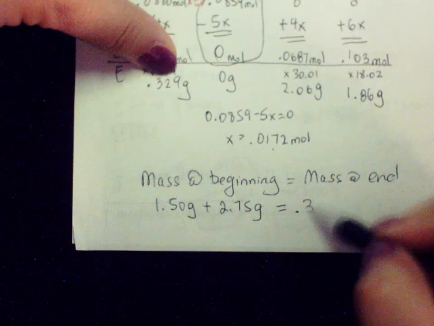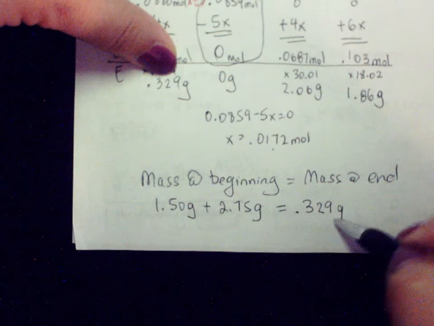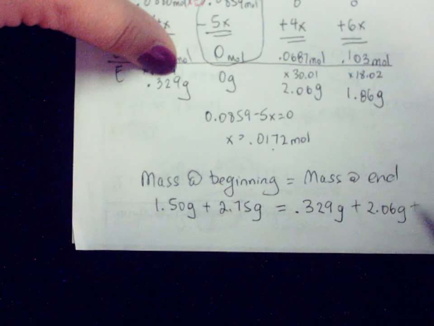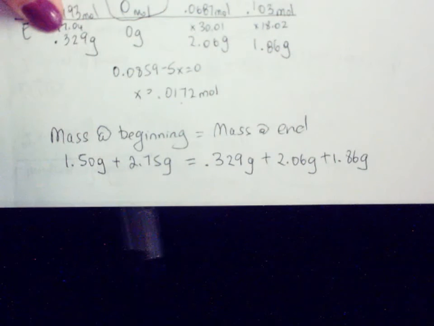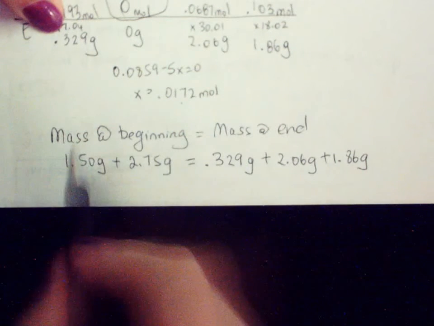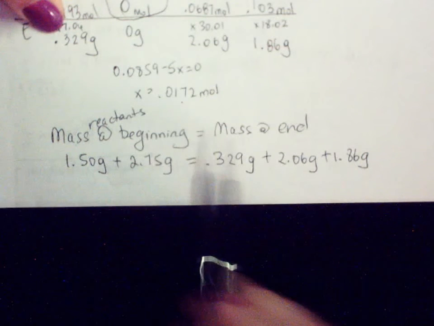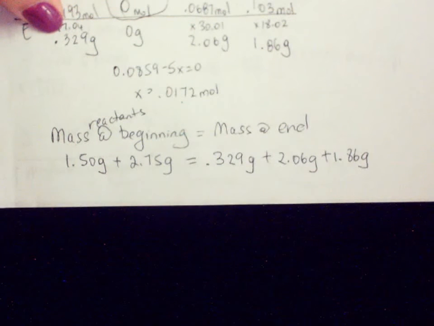So then you have to say 0.329 grams of the leftover plus the masses of the products that we made, right? So basically it's the masses of the reactants at the beginning have to equal the masses of everything at the end, all right? And hopefully those two things add up to the same thing. They do? Okay. So that's how you show the law of conservation of mass.